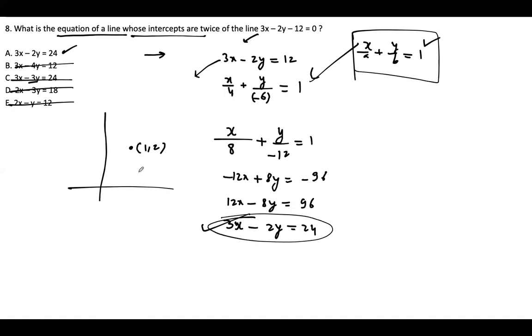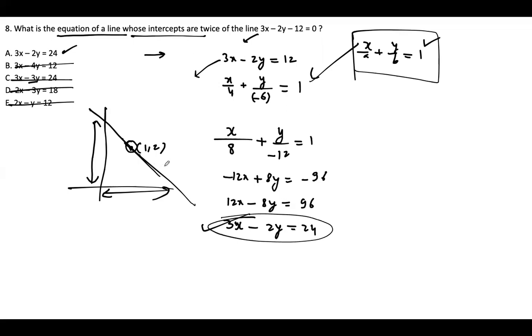X and Y intercepts are where the line is crossing the X and Y axes. Is this point crossing the X and Y axes? No, okay. So if you double it, like one point is 1, 2 and the other is 2, 4, can you say the slope is equal because it's on the same line?